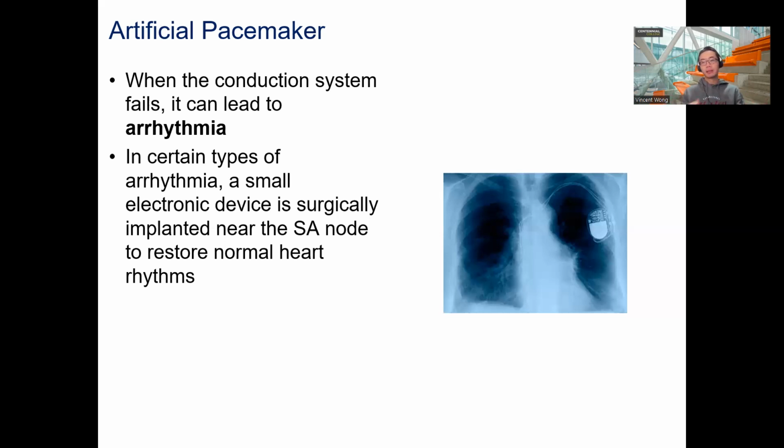Depending on the severity of the arrhythmia, you might need to either take medication or implant a pacemaker. The pacemaker is an electrical device that regularly sends out electrical signals that override your own faulty pacemaker, and therefore you rely on it to set your heart rate for you.